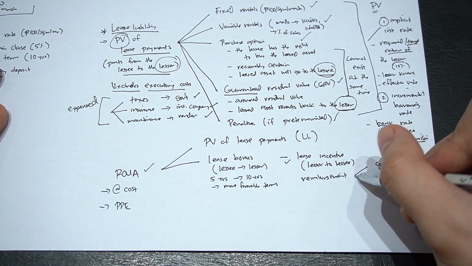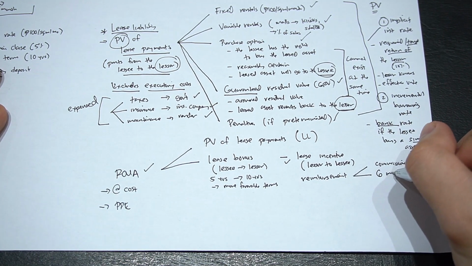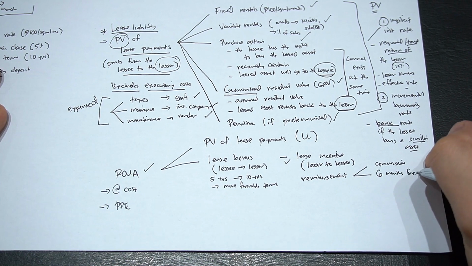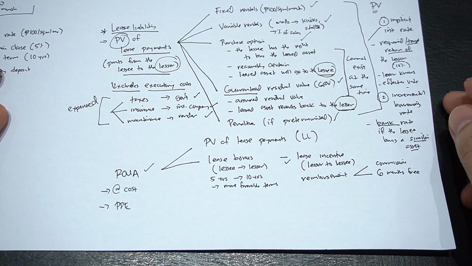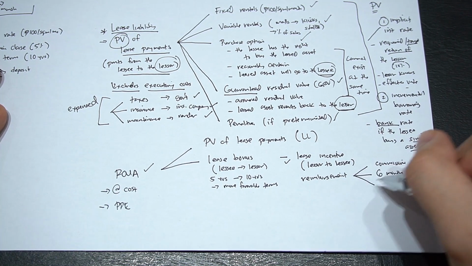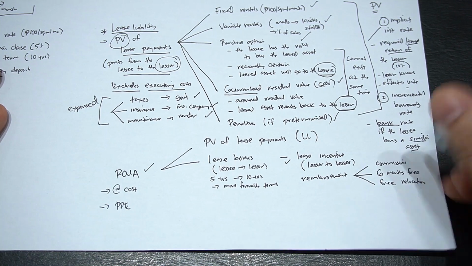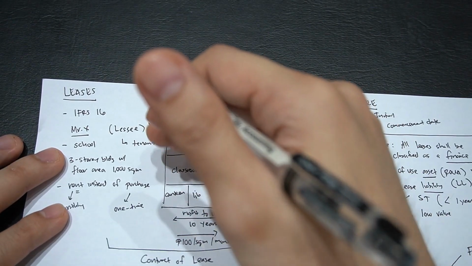Ano pa? Let's say, sabi ni lessor, sige, 6 months free rent ka. Okay? Huwag ka muna magbayad for the first 6 months, grace period. Example yun of lease incentive. Ano pa? Let's say, free relocation. Siyempre, school yan, di ba? Classroom. Okay?